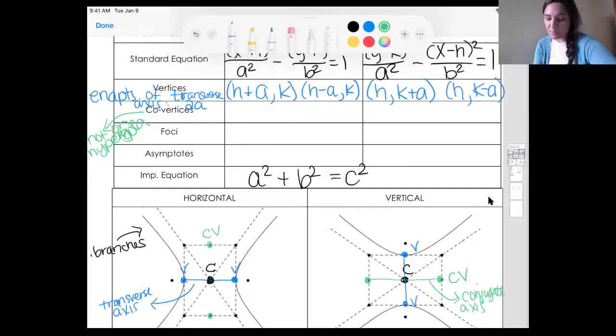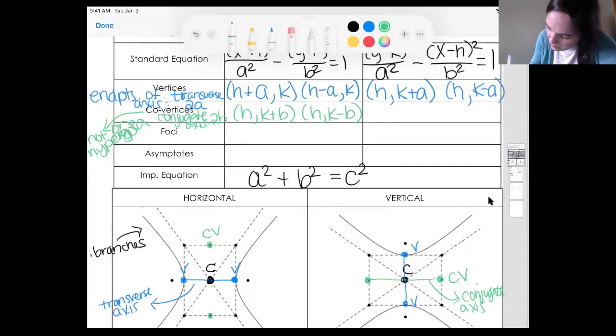So I remember conjugate starts with a C, covertice starts with a C. And the conjugate axis has a length of 2b. All right, so if we're thinking about the points here, we could name them as (h, k plus b), (h, k minus b), and for our vertical, it would be (h plus b, k) and (h minus b, k).